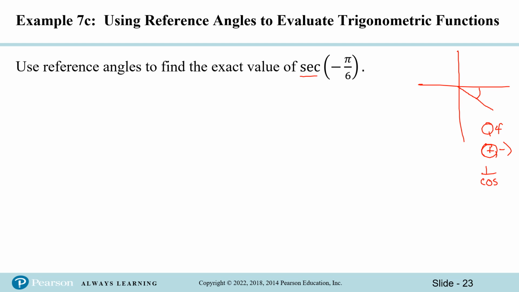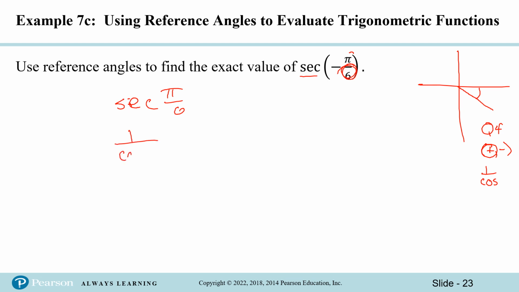Okay, so basically we just have to find the secant of, remember reference angles? This is pi over 6. You're like, but wait, we don't know the secant of pi over 6. Well, we do know that the secant is the same as 1 over the cosine.